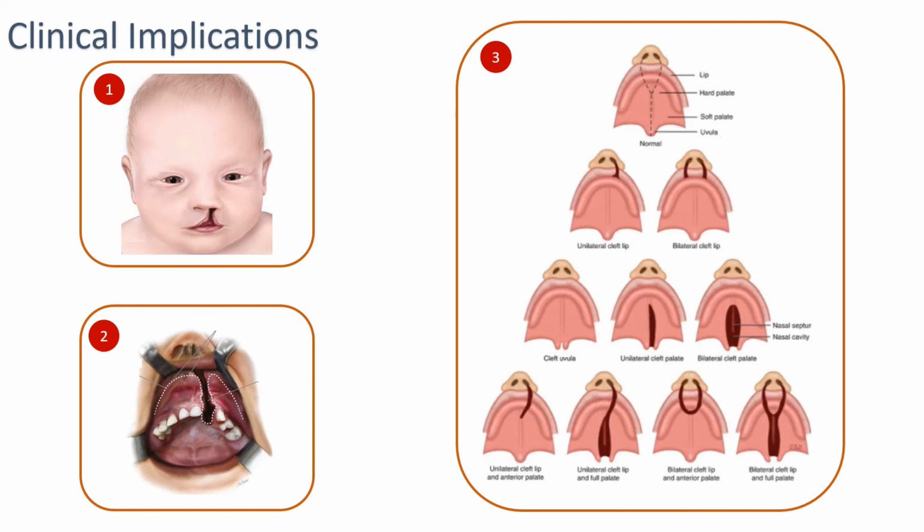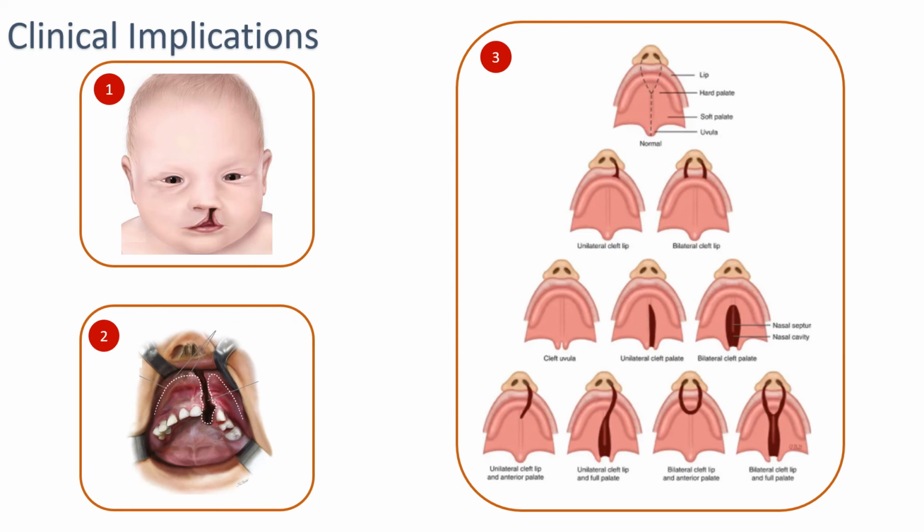These clinical defects are due to a partial or even sometimes complete lack of fusion of the maxillary prominences with the medial nasal prominences, either on one side or sometimes even both sides. And everything else that lies posterior to the incisive foramen will include things like clefting of the secondary palate, and sometimes it could go as far back as to include the uvula, so you could have clefting of the uvula as well.